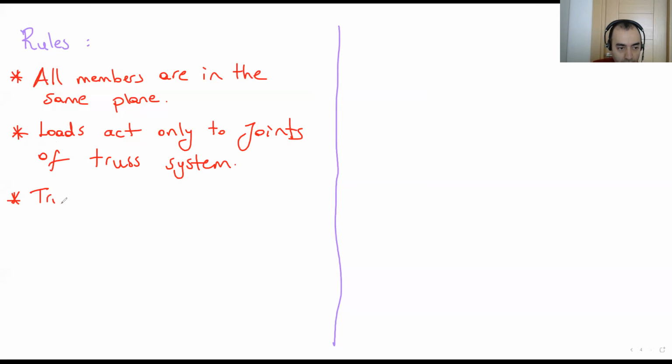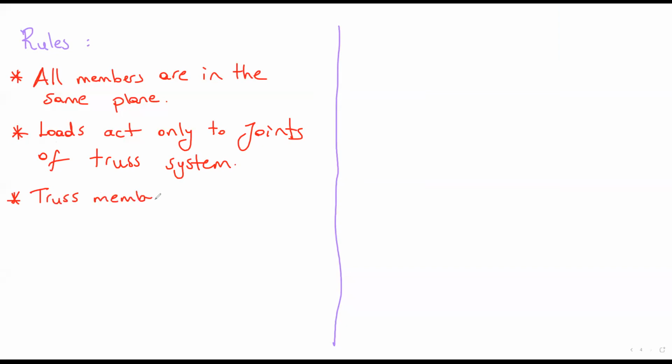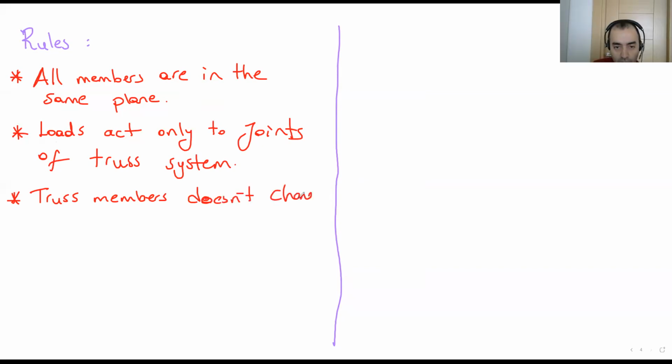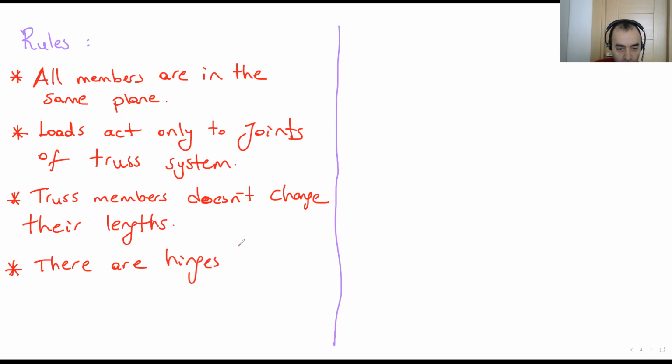Truss members don't change their lengths under loading conditions, and there are hinges, zero moments, that means hinges at connection points.